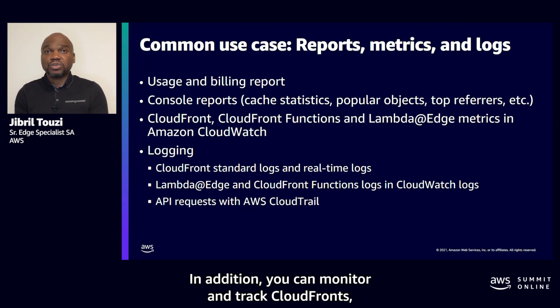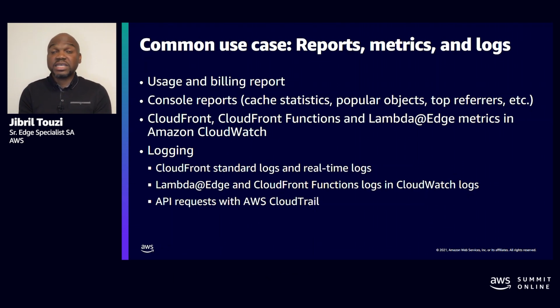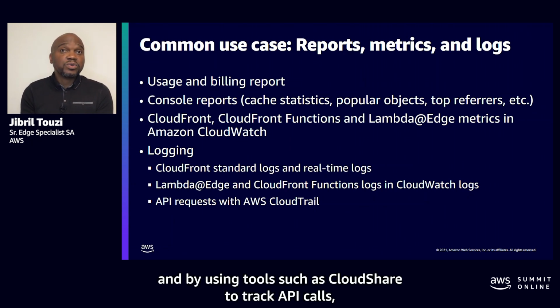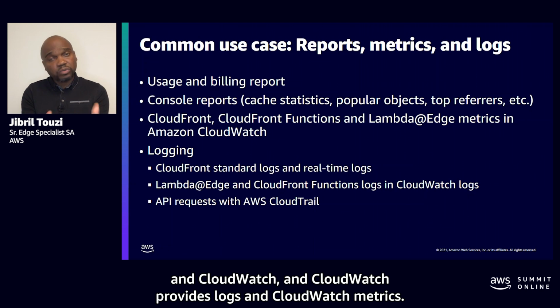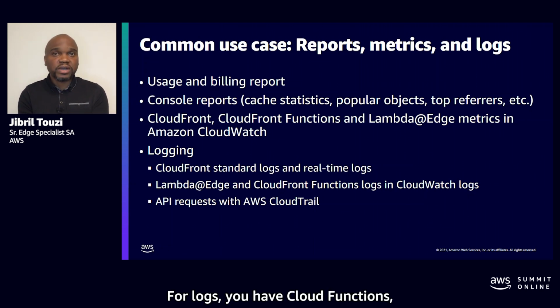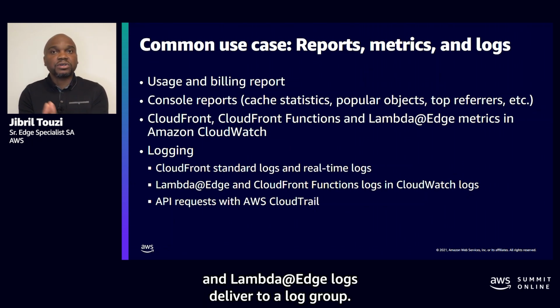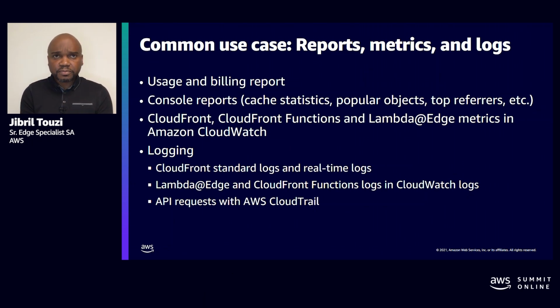In addition, you can monitor and track CloudFront, including Lambda@Edge activity, directly in the CloudFront console, and by using tools such as CloudTrail to track API calls, and CloudWatch. And CloudWatch provides logs and CloudWatch metrics. For logs, you have CloudFront Functions and Lambda@Edge logs delivered to a log group.